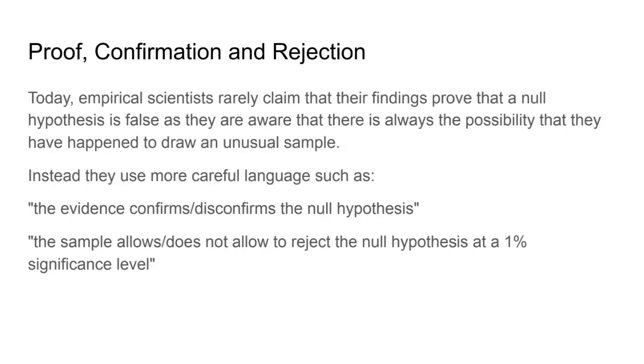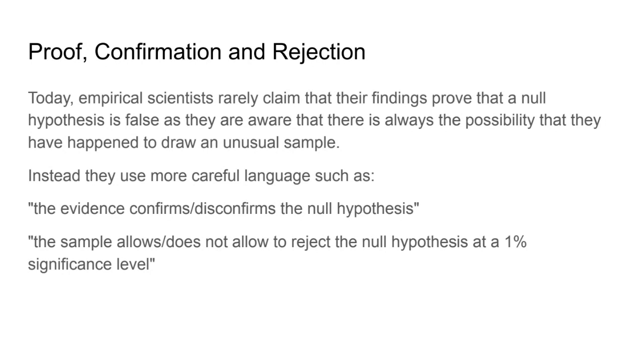Now, today, empirical scientists are very careful about how strongly they phrase their findings. Typically they would no longer say that their findings prove that a null hypothesis is false, because scientists are aware that there's always a small possibility that they just happened to draw an unusual sample.